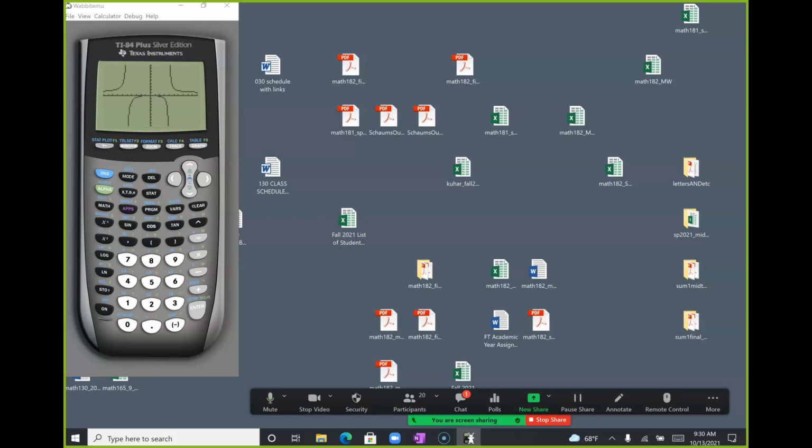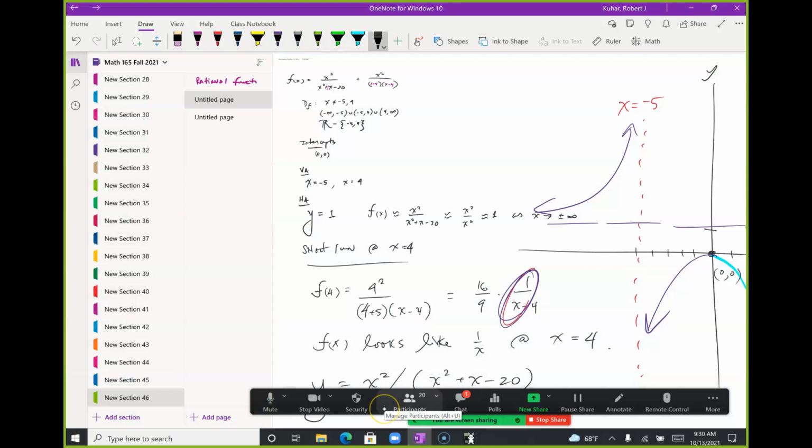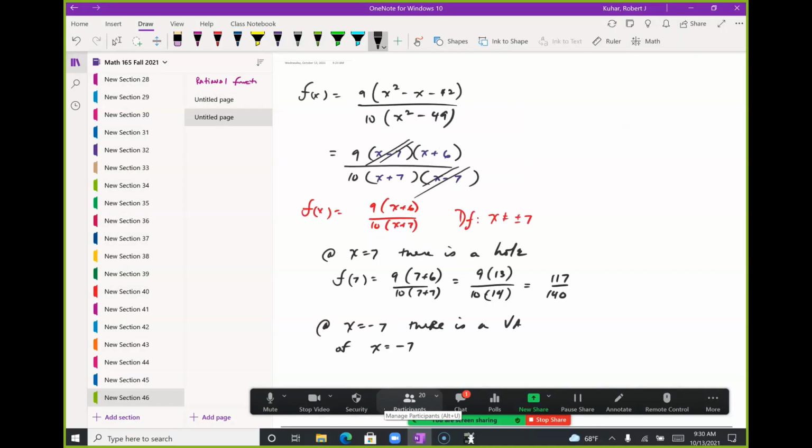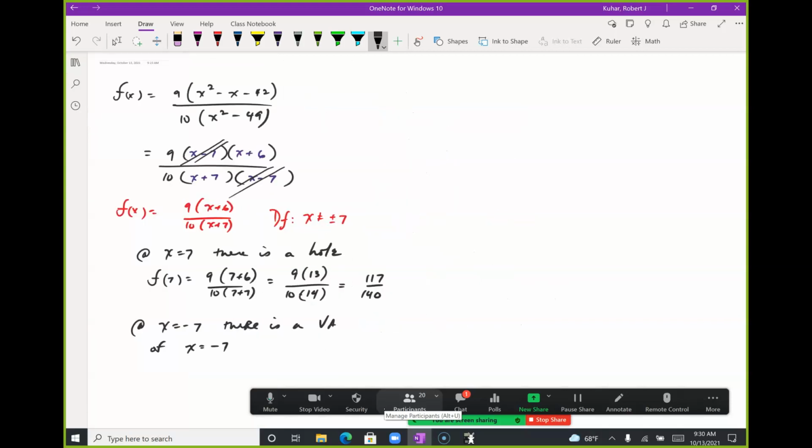Thank you. How about the vertical asymptotes and the horizontal for the previous problem? The 9? For this one right here? Or, no, the next one. Yes. So verticals, there's only one, right? At x equals minus 7.